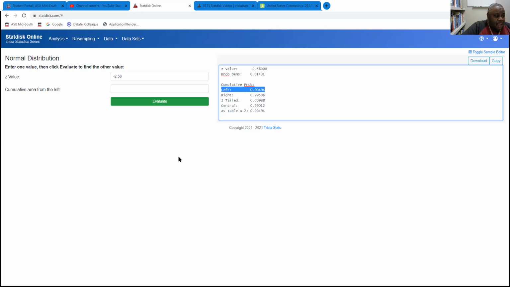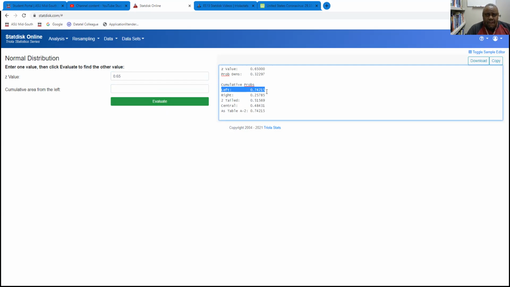And the other z-value, which was for 99, was 0.65. So we type that in. We can leave this blank, click evaluate. Now, if I use the left for the first z value, I need to use the left for the other z value, to be consistent here.